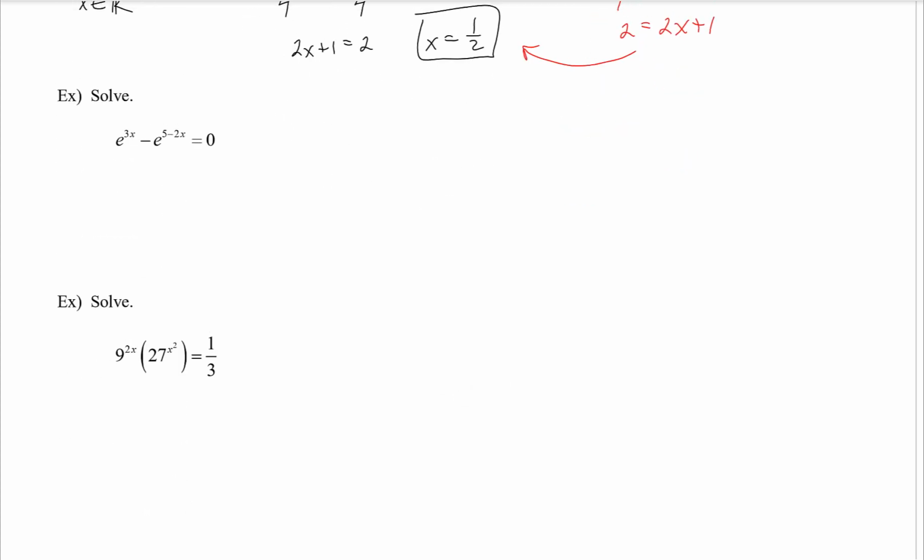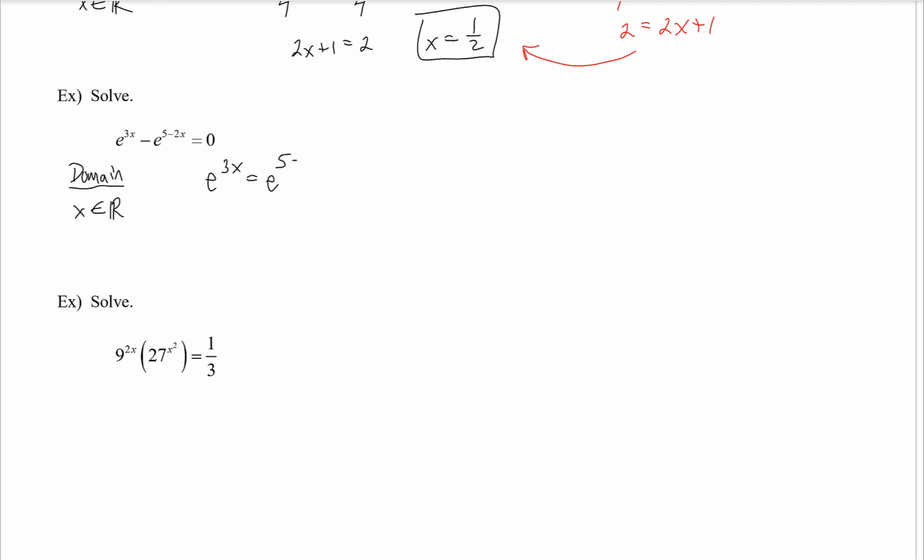For this next one, again, my domain, well, if you look closely, the variable is the exponent on base e, which means my domain is all real numbers. I can have an exponent be anything I want. There's nothing preventing x from being any real number. So why don't I add this one over to this side? Now, why would I do that?